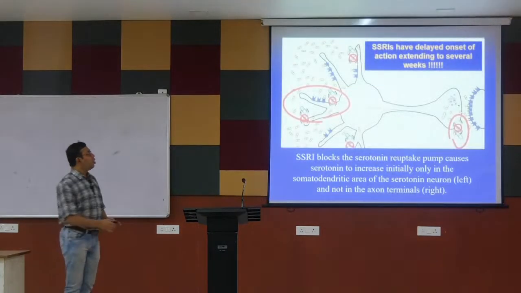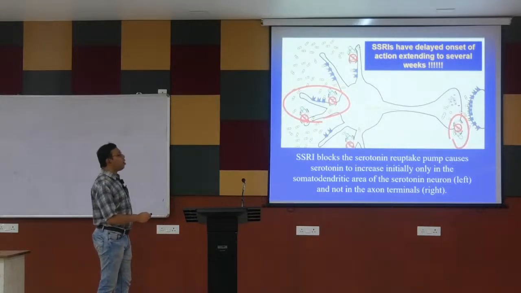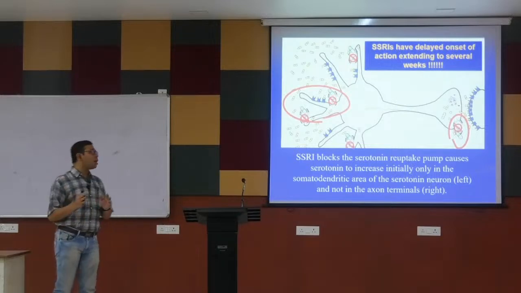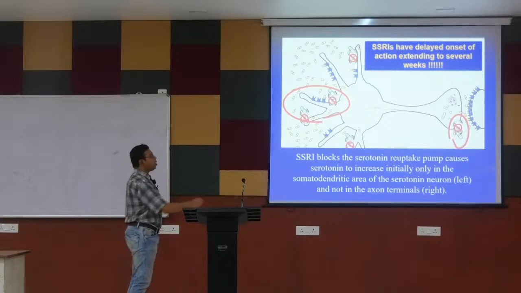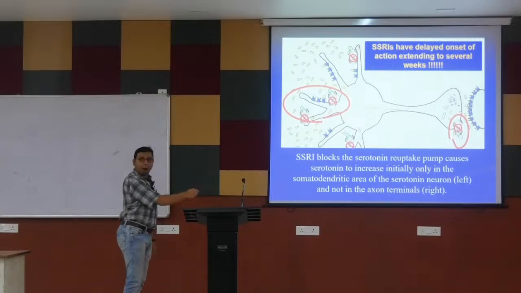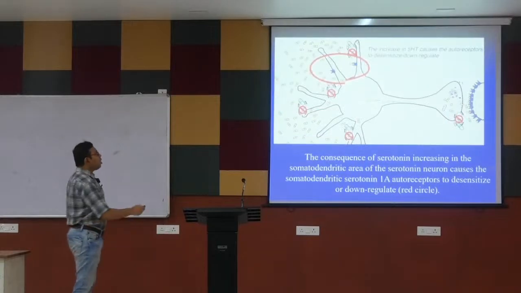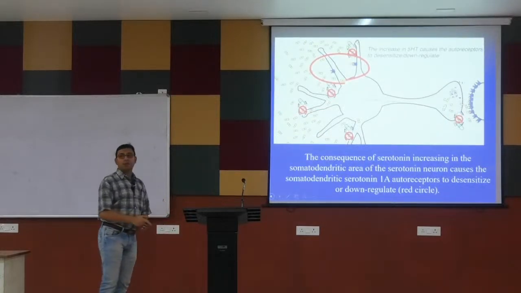So they have a delayed onset of action extending several weeks, because again neuroadaptive changes, plasticity, occur when we are giving selective serotonin reuptake inhibitors for a large number of days. These are the reuptake pumps in the presynaptic neuron that are blocked. When these are blocked, there may be autoreceptor desensitization.